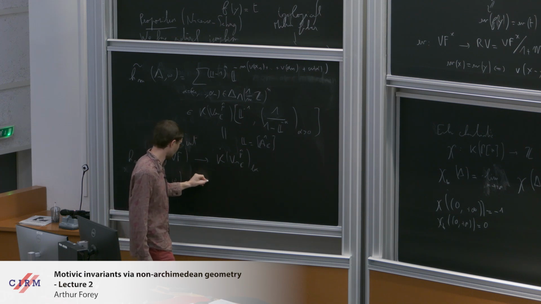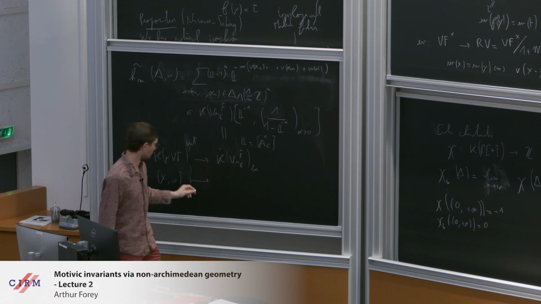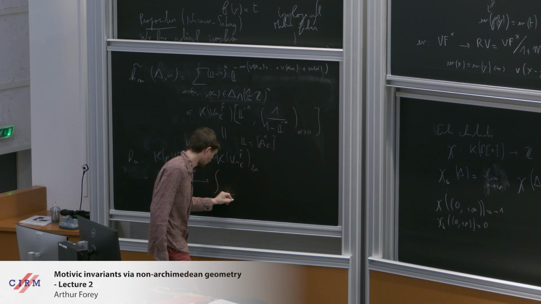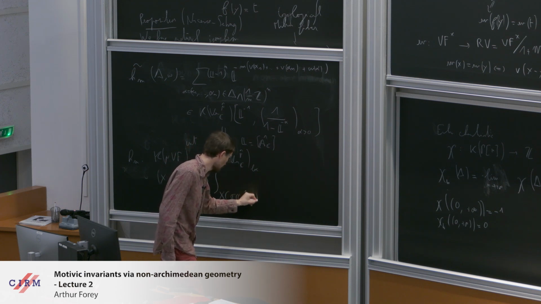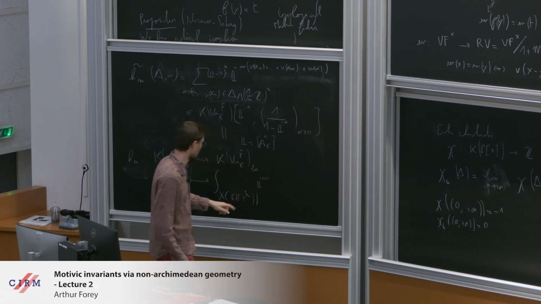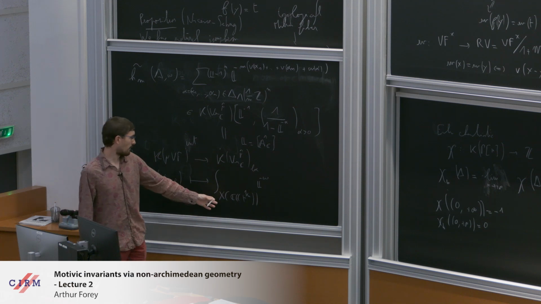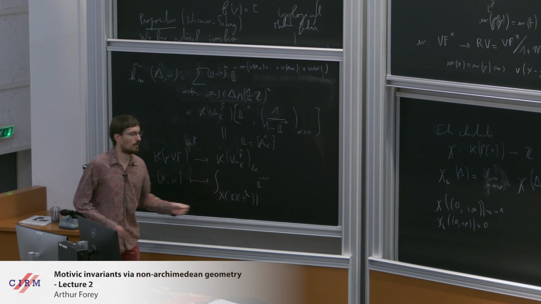And the idea is that you can interpret this map as really the integral of x. You take the C double bracket T 1 over m points, and you integrate the function L to the minus omega on this set. So for example, if you take m equal 1, you somehow recover the Motivic or Denef-Loeser integration.